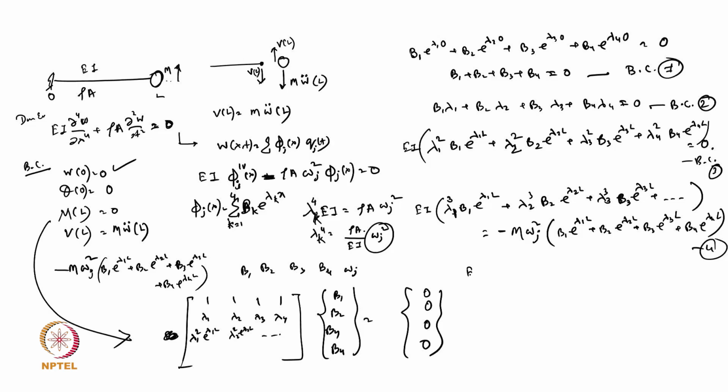Here if you try to see how it is coming, EI into lambda 1 cube into e to the power of lambda 1L plus m omega j square e to the power of lambda 1L into B1. Similarly, plus EI lambda 2 cube e to the power of lambda 2L plus m omega j square e to the power of lambda 2L into B2.